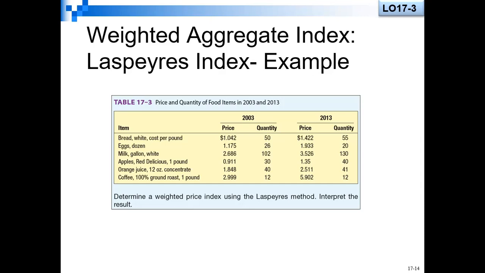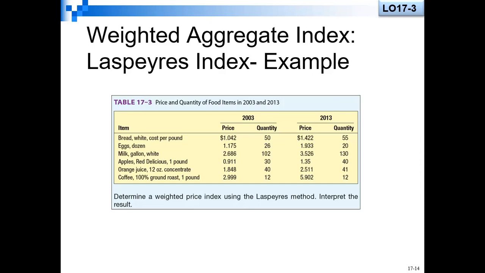Because what we did previously, we simply said, if you were to consume only 1 pound of each of these, what would 1 unit cost you? Let's take a unit of measure, because eggs you consume in a dozen, and milk you consume in a gallon.